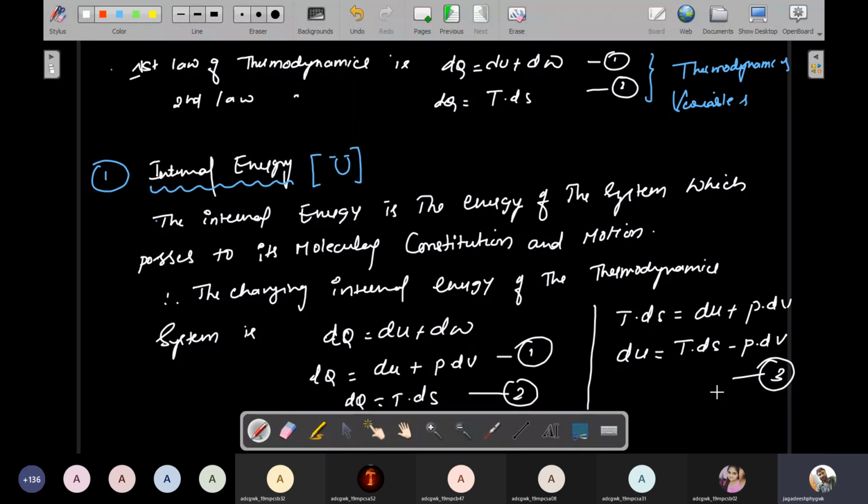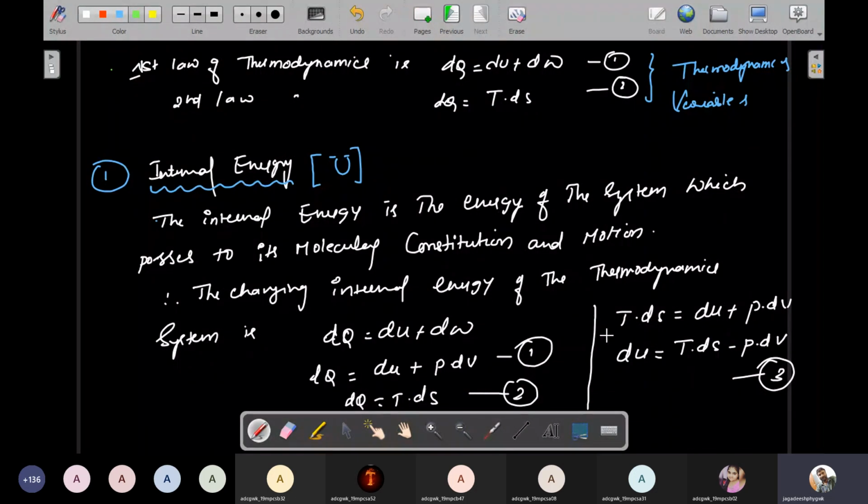I want to find out the internal energy of the system. What is the internal energy? Internal energy is the energy of the system which it possesses due to its molecular constitution and motion. So I want to find out the change in internal energy of the thermodynamic system. For that purpose, I am using the first law and second law of thermodynamics. Using those equations, I will get one special equation, dU is equal to T dot dS minus P dot dV.